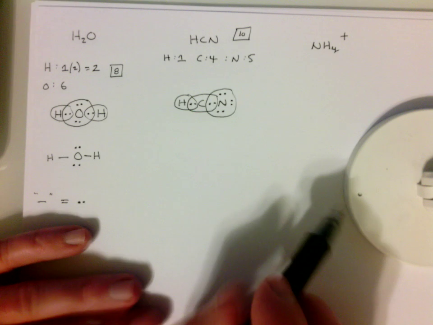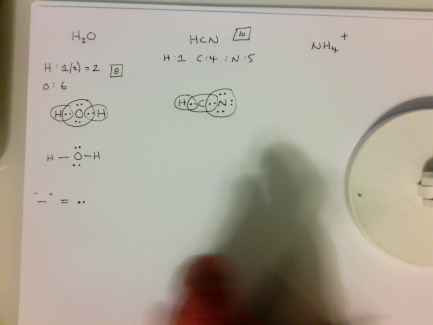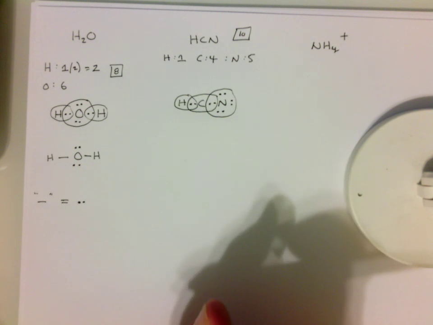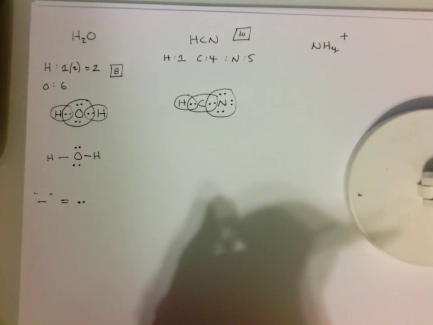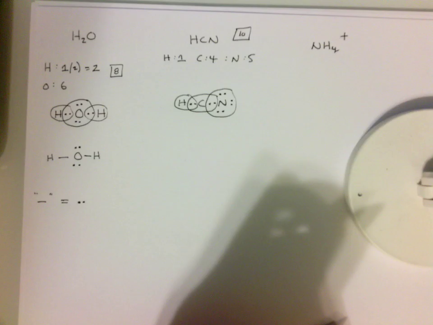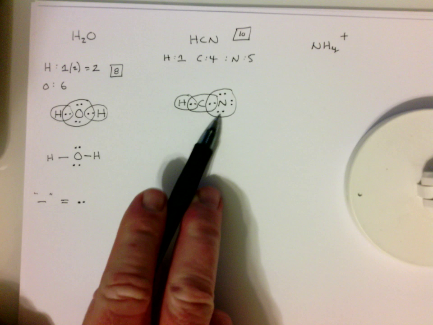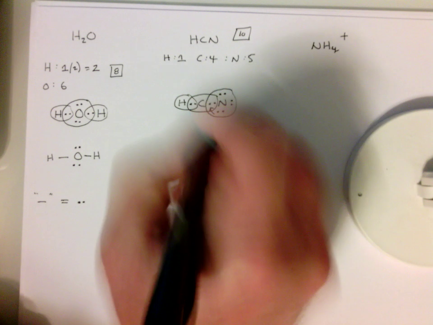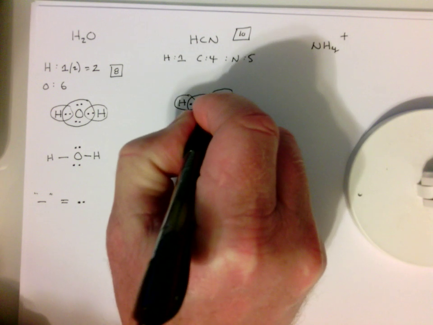So rule 5 in our list says that if central atoms do not have an octet, we're going to move electrons from outer atoms to form double or even triple bonds. So we're going to take these two electrons and migrate them here, and these two here.